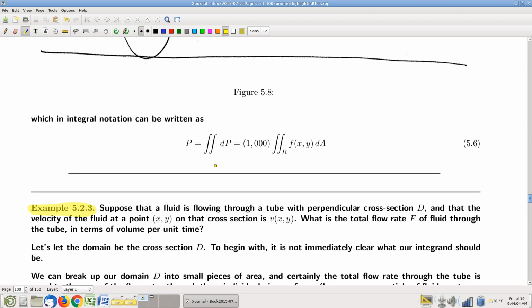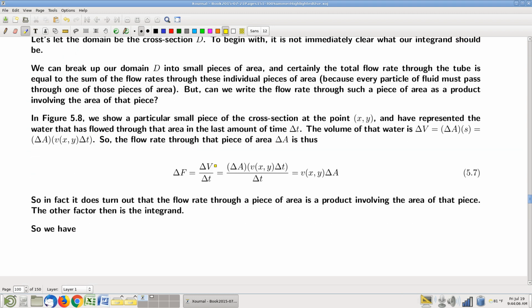And therefore, volume per unit time, the flow rate through that little piece, is the volume divided by the time. Notice the delta t's cancel, and flow rate altogether is speed times area. That's just how the geometry, algebra and physics of that particular situation happens to work out.